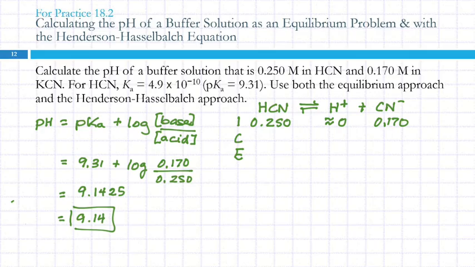I'm doing this kind of fast because you should know what we're doing with this part. Plus x, minus x. If you're not sure about any of it, please ask me a question.